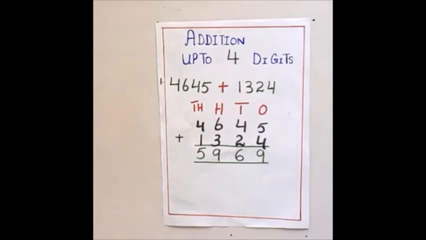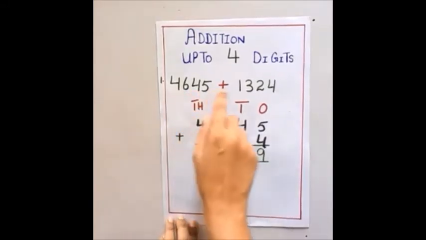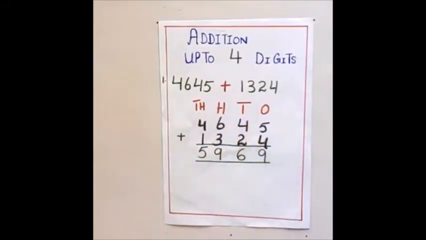Children, we have already learned how to add 3-digit numbers, and today we are going to learn how to add 4-digit numbers. Now, over here we need to add these two numbers, and these numbers are 4-digit numbers.